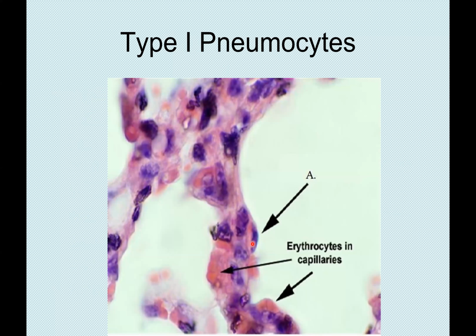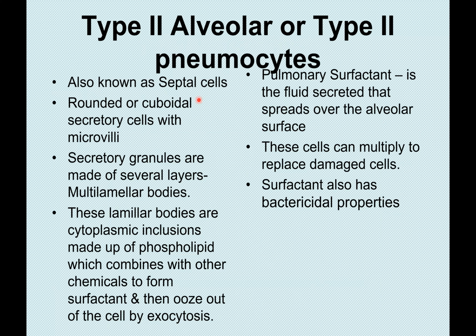Simple squamous epithelium. Then the type 2 pneumocytic cells are also known as the septal cells. They are more round, and they are not simple squamous, but a bit of cuboidal epithelium with some form of microvilli.